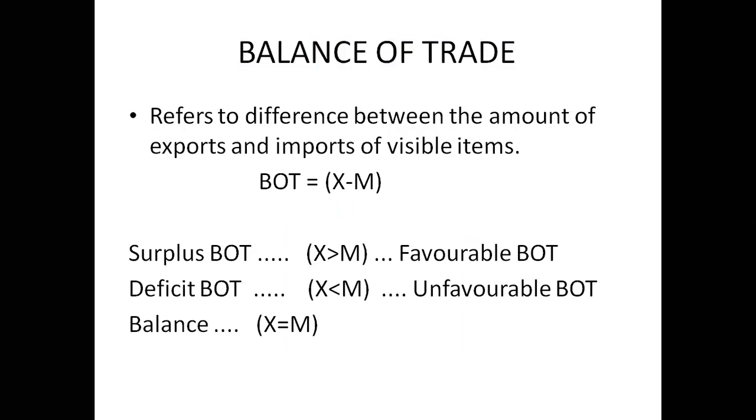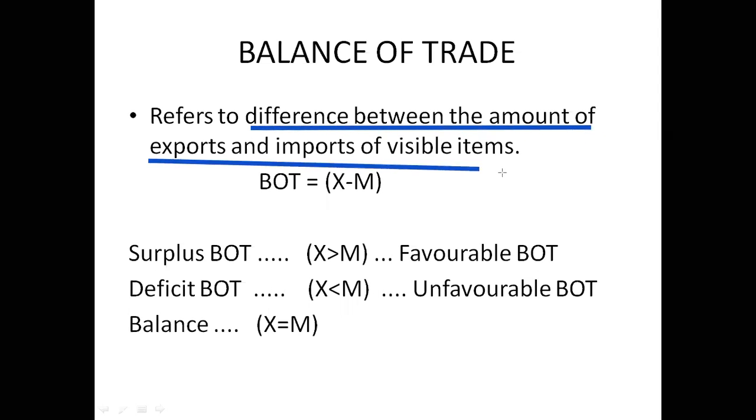Balance of trade. I have already explained that balance of trade is the difference between the amounts of exports and imports of visible items. ठीक? तो balance of trade क्या है?